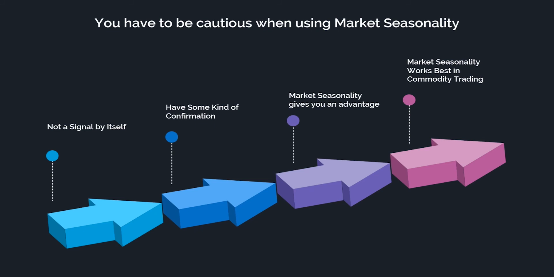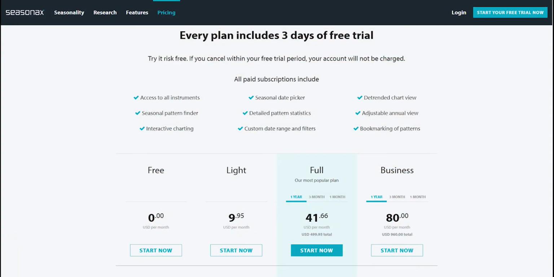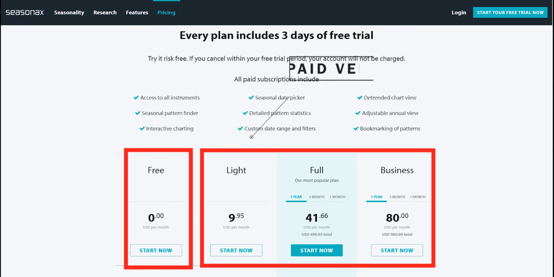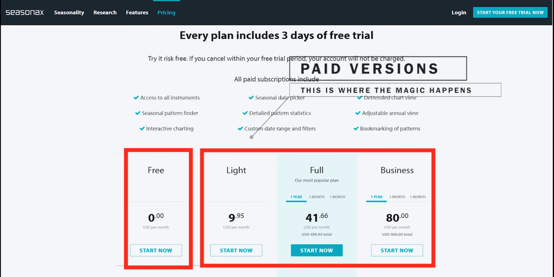There are a lot of different seasonalities and strategies around it. So let me present you with some inside information on how you can find your own seasonality and exploit it. One of the websites that I want to share with you is SeasonX. It has a limited free version and a paid version, which gives you a huge amount of seasonality patterns.